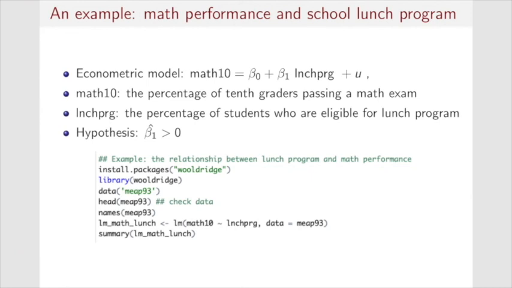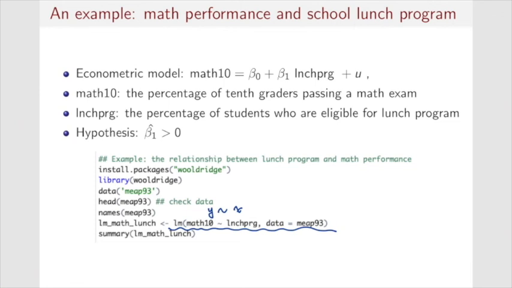Here is the code in R. We first get the data from a package called wooldridge. It contains all the data sets for the textbook. We find the data MEAP93. Then we can run the regression with lm. The first argument is the formula, which is the dependent variable over the independent variable x.